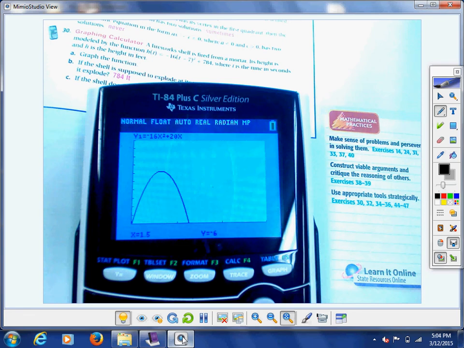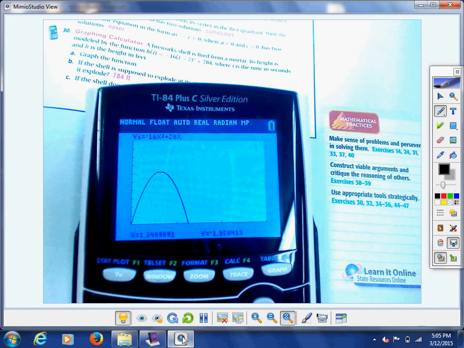When y is 0, we have an x-intercept, okay? So I'm going to start with my left, and I'm going to see what happens, and my y's are going down. So keep pressing the left cursor button until you see y equal 0, or as close to it as we can get. Okay, wait, right there. Catch up with me right there. Are you there on y equals 0?